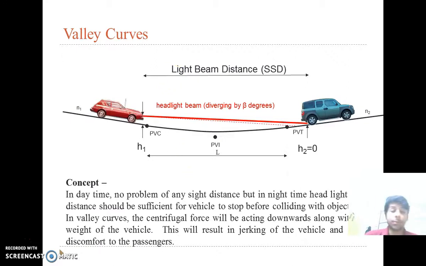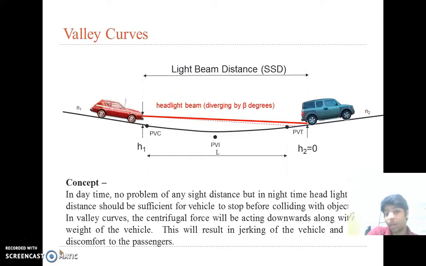So what is the concept of valley curve? As we have seen, in the daytime there is no problem of any sight distance, because this vehicle can see the other vehicle at any distance on a valley curve. So in daytime there is no such kind of problem.